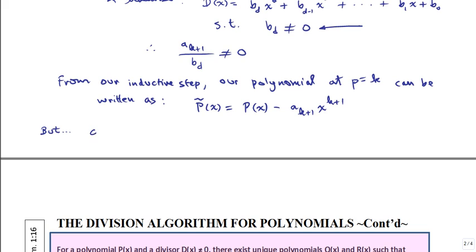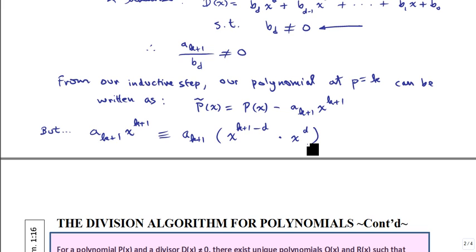But the a sub k plus 1 x to the k plus 1 power, that term is equal to a sub k plus 1 times x to the k plus 1 minus d times x to the dth power.